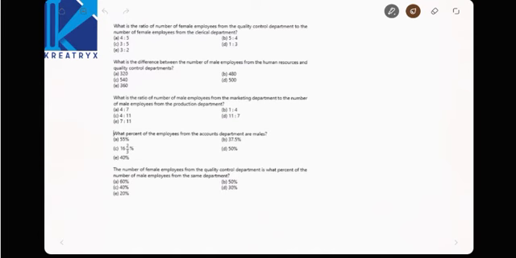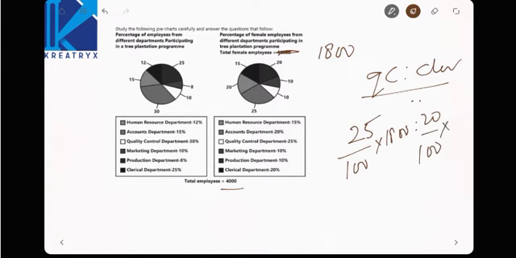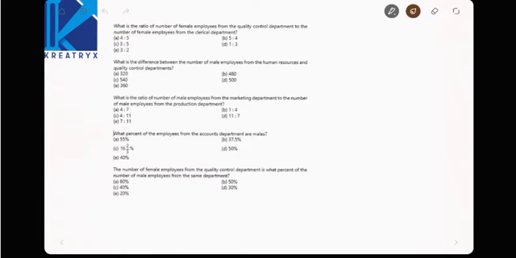Now see here, how many are there in quality control? 25%, right? 25 by 100 into 1800 is equal to how much? Clerical department 20 by 100 into 1800. Now see here, is there anything to calculate here? Everything gets cancelled. 25 to 20 is left, so answer will be 5:4. Am I right? Yes, answer is 5:4.